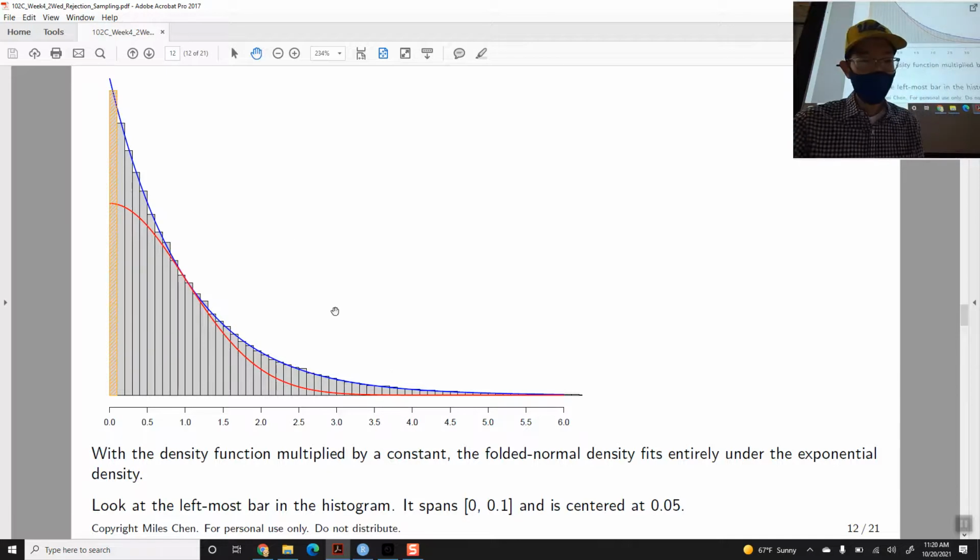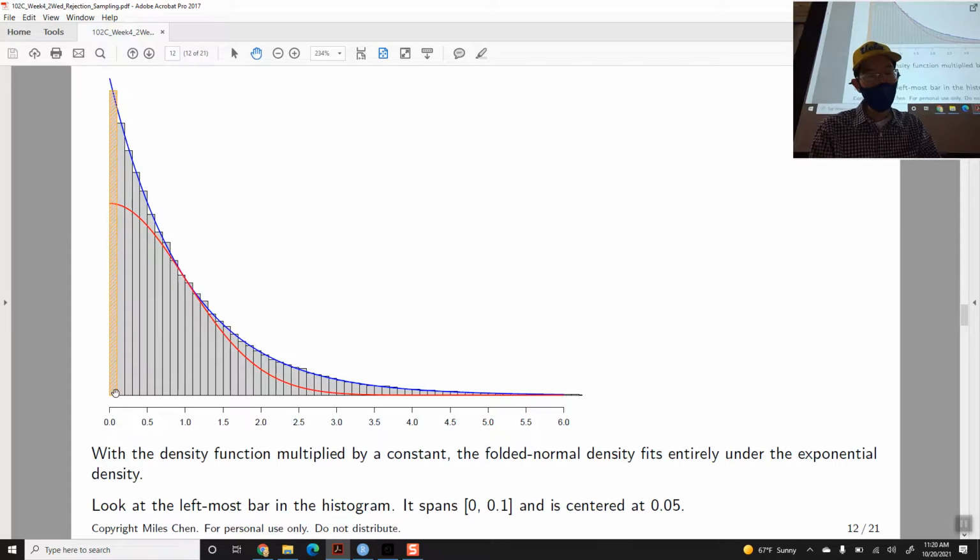Okay, so let's take a look at this very first interval here. We can think of this bar as being centered at 0.05. I think each bar has a width of 0.1. It goes from 0 to 0.1, the next bar goes from 0.1 to 0.2, 0.2 to 0.3, 0.3 to 0.4, 0.4 to 0.5.